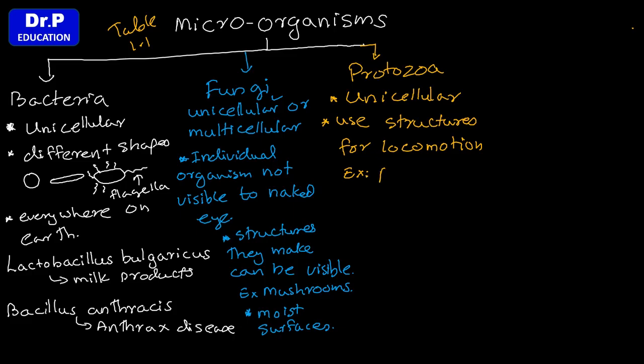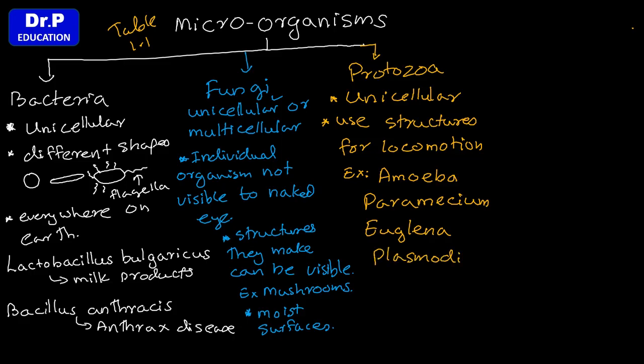Amoeba, Paramecium, Euglena, Plasmodium. All these names that I have written here, they are already in your book. So if it is in your book, you have to know it.